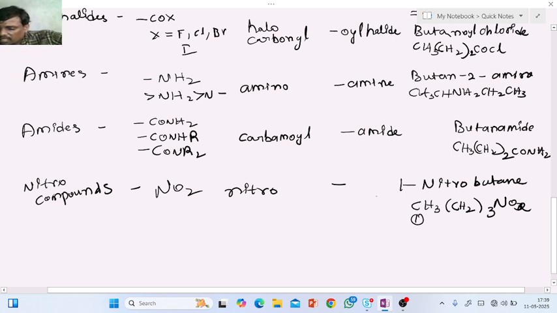And after nitro compounds, sulfonic acids must be there. What are sulfonic acids?